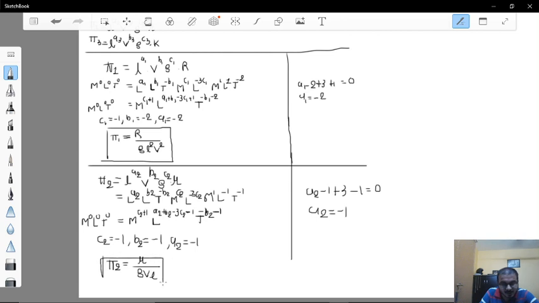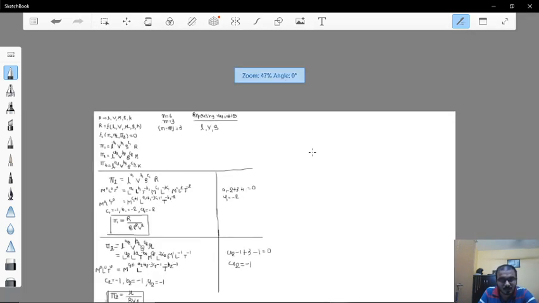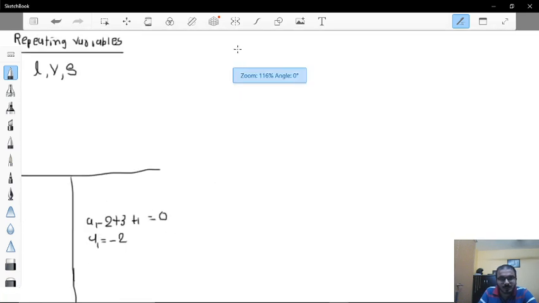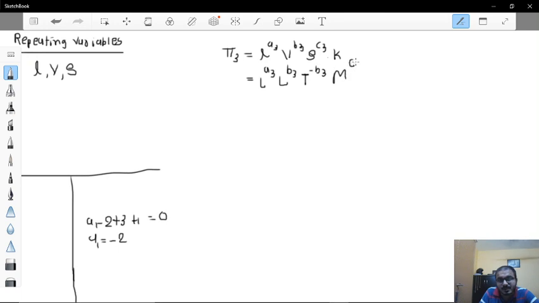Now let's move forward to the third pi term. Let us write down over here that pi 3 is equal to L raised to A3, V raised to B3, and rho raised to C3 into K. So here again L A3, L V3 T minus V3, L C3 L minus 3 C3.